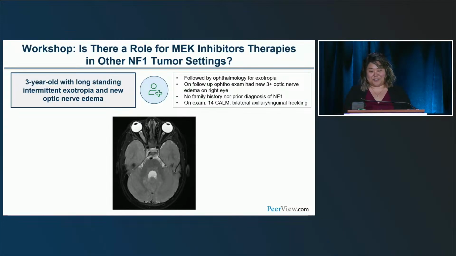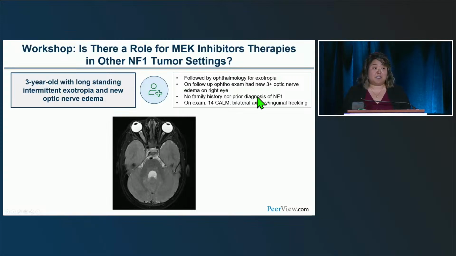This was a 3-year-old who had long-standing intermittent exotropia and new optic nerve edema. So she was referred by her ophthalmologist, who had been previously following her for her exotropia, but saw that she had this new 3+ optic nerve edema on her right eye. So she sent her over to us.